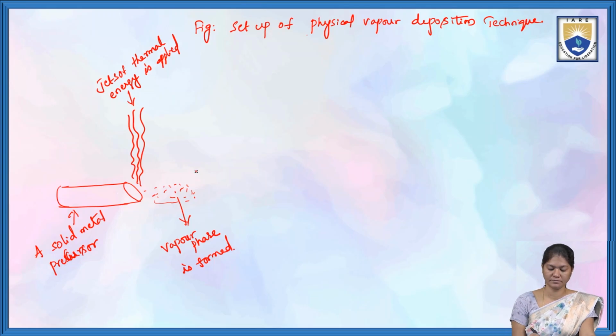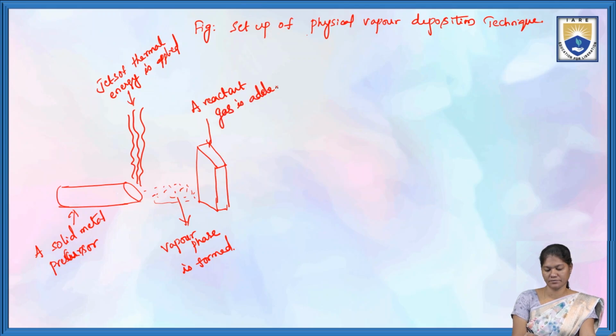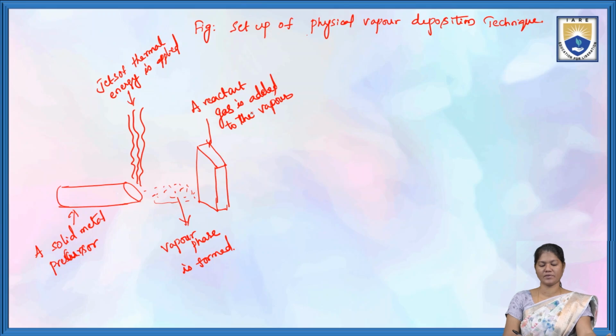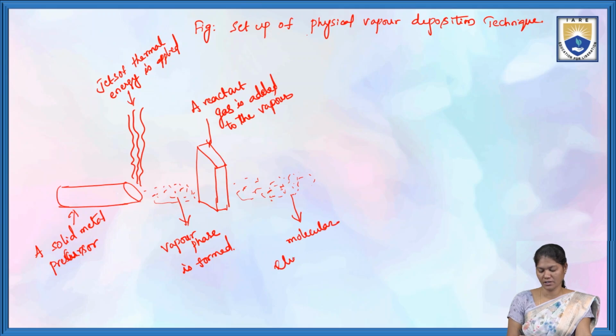And then a reactant gas is added to this vapor. Then it forms molecular clusters.